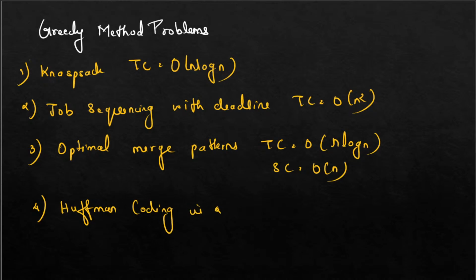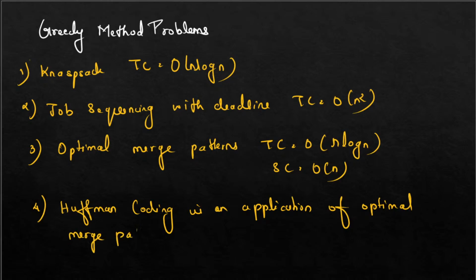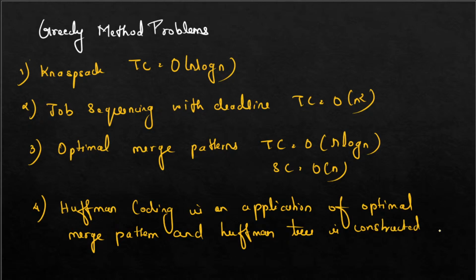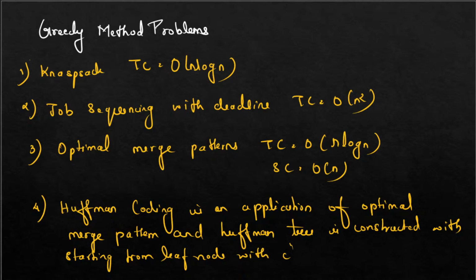So it is an application of optimal merge pattern, and the Huffman tree is constructed starting from the leaf node with the character having the lowest probability.